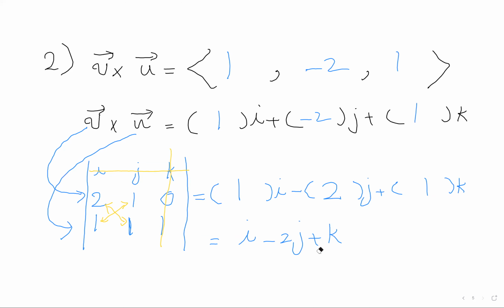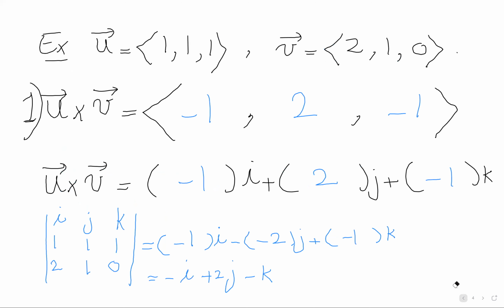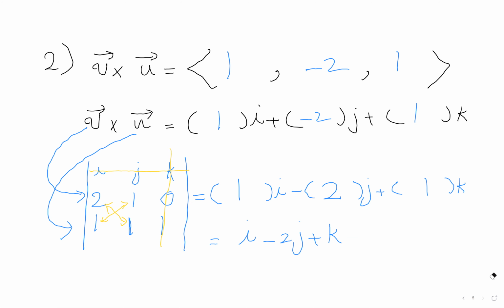And as you see, the answer is negative of part 1. In part 1, the answer was the vector minus 1, 2, minus 1. Here I get 1, minus 2, 1. So this is consistent with that property that I mentioned before, that u cross v is negative of v cross u.